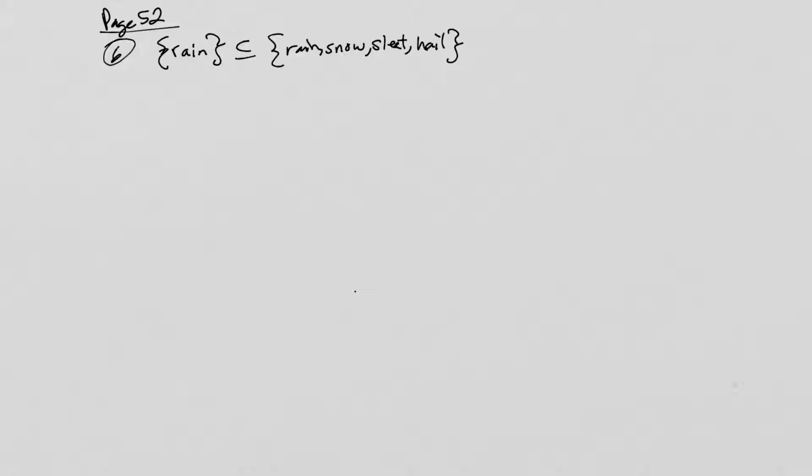So is rain included in this other set? Yes, it's right here, and it's definitely smaller than this other set, so this is definitely true. It is a subset, and it's also a proper subset if we wanted to answer that question as well.